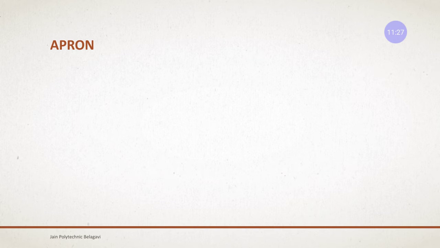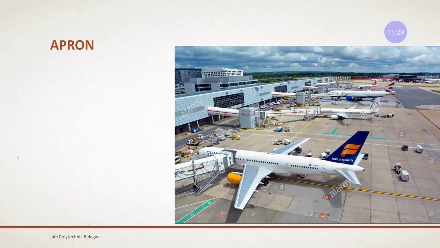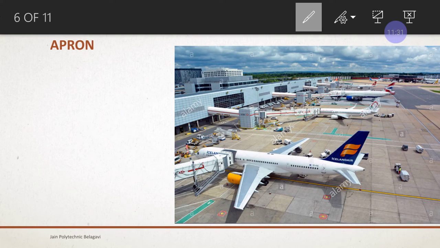apron. So you can see here, the aircraft are standing here, right? And the vehicles, if you can see, the cleaning works, the latrines, the cleaning of the cabins, all the services, that is loading and unloading of the cargoes are done here, as well as the passengers.